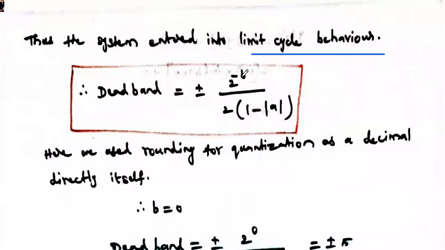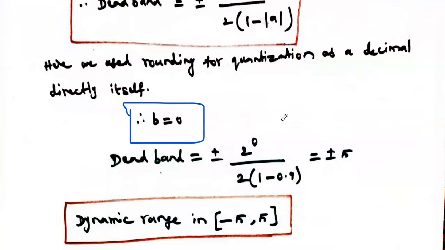Okay, so here we just substitute the values of a and b. Here b is nothing but the number of bits used to perform the quantization. Here we are not using any quantization bits, we are directly performing the quantization in decimal itself. So the number of bits used to perform the quantization is 0. So substitute b as 0, and a is 0.9.